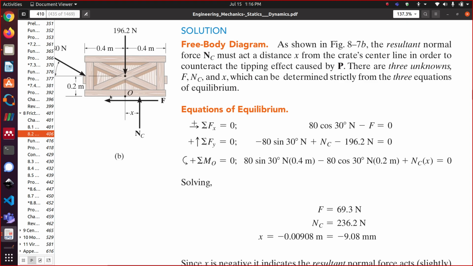The total length of the crate is 0.8, and you have 0.4 towards the right from O and 0.4 towards the left. If x is within that range, the equilibrium is possible. Otherwise, equilibrium is not possible.